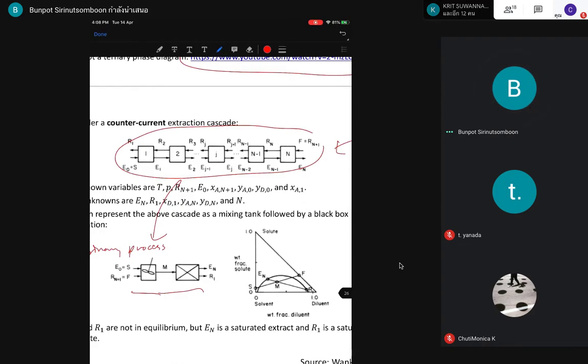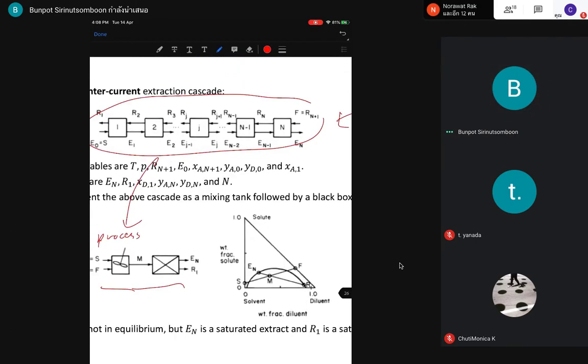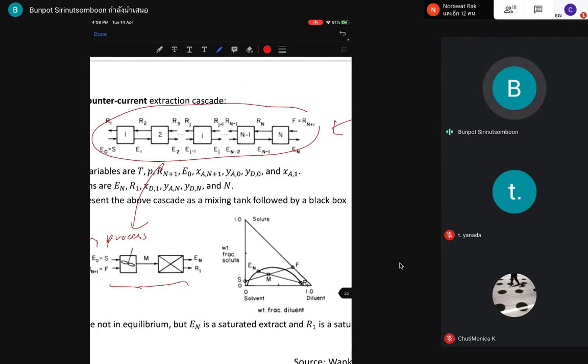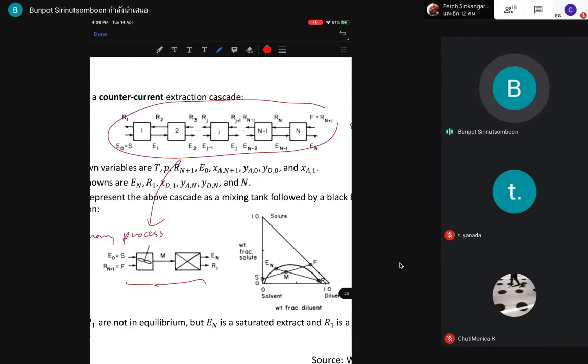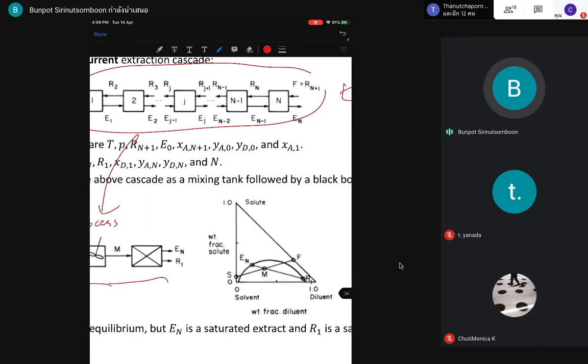So the problems have E0, Rn+1, En and R1. You need to be able to find these from the information in the problem statement. The problem statement is gonna give you all this information, and from it you should be able to indicate these four points.